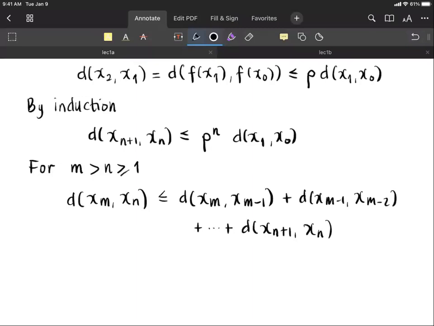We did this because we know that the distance between consecutive points can be estimated by this.